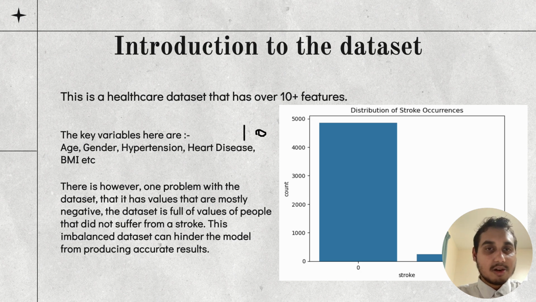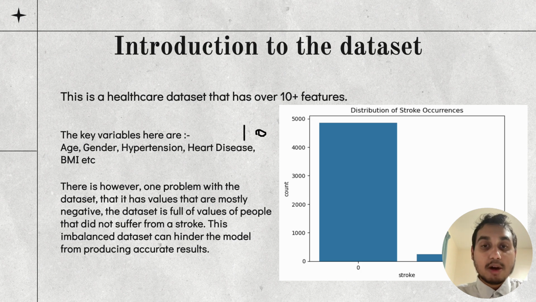This dataset has another severe problem, which is that it is extremely biased towards patients who did not have a stroke. The distribution is very uneven. There are multiple entries where the person did not have a stroke and very few entries where the person actually had a stroke.